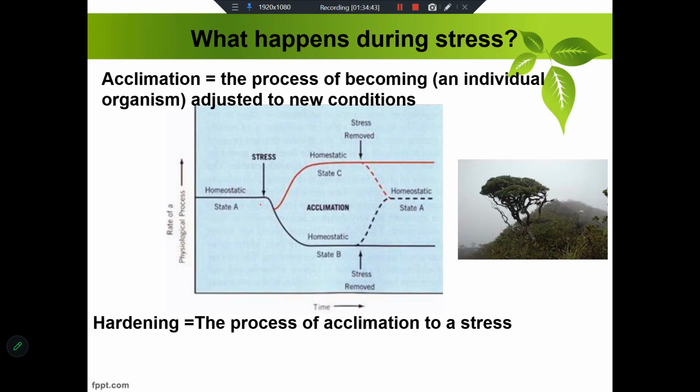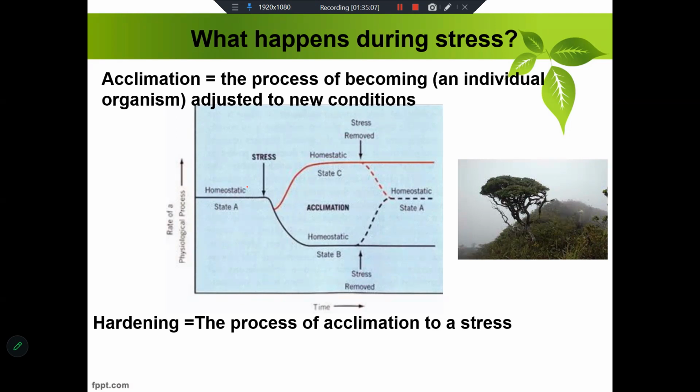Even though the new homeostatic status is below the original one, the plant will survive, and it can live somewhat happily at its new homeostatic state.